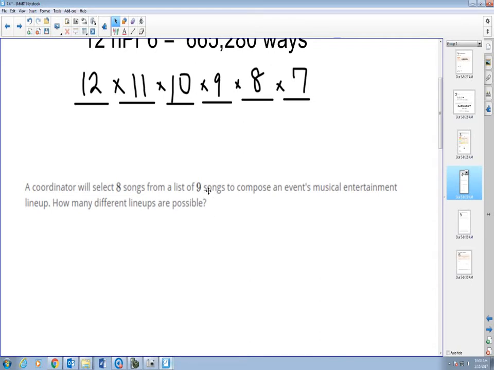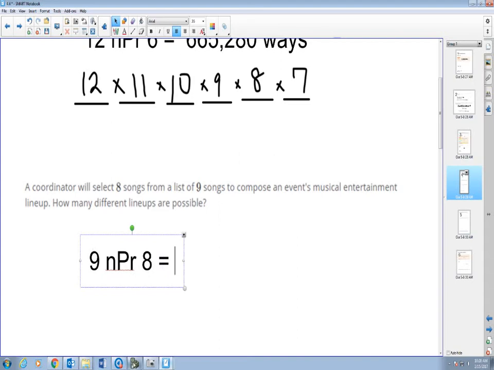They already pre-planned all this. Which song goes first, which one goes second, because you don't want to play a popular song first. You want to play a popular song first, a popular song in the middle, another popular song at the end, to keep people interested. So this is going to be 9 songs, choosing 8 of them using permutation.